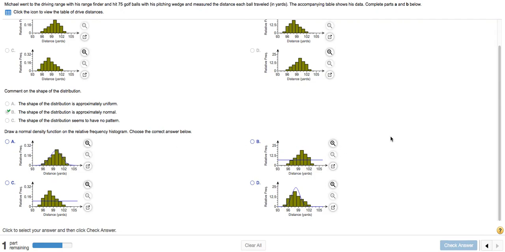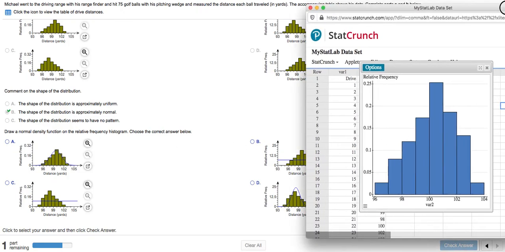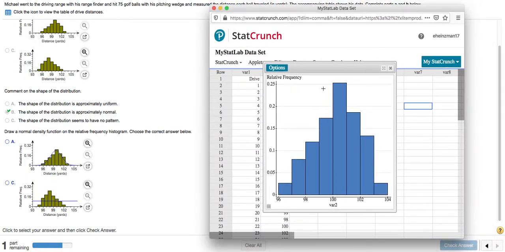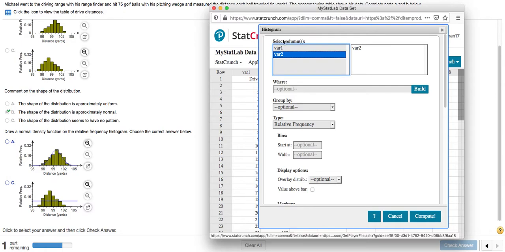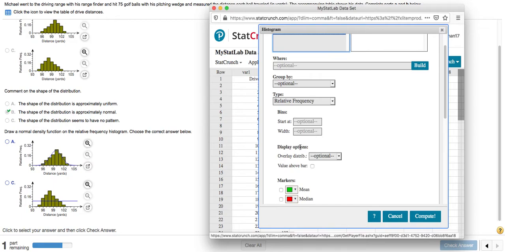But you can actually do this in StatCrunch too, and I'd like to show you how. Since I have this graph already open, I'm going to go to Options and click Edit. This takes me back into what we did to get the distribution the first time. We selected var2, the type was relative frequency, but there's this other option called Display Options, which lets you overlay a distribution.